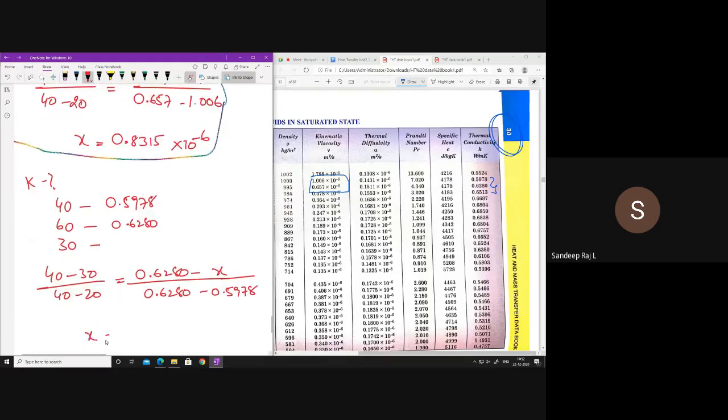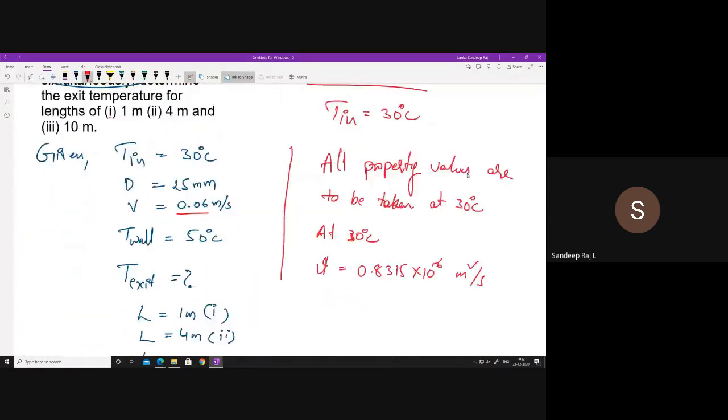X value, tell me. 0.6129. So the k value is 0.6129 watt per meter Kelvin.